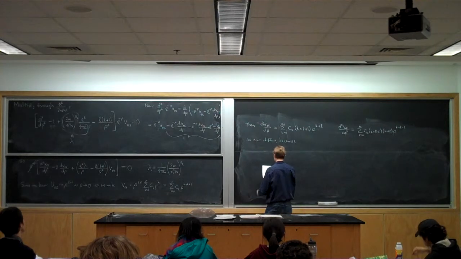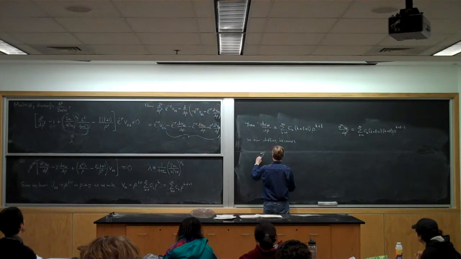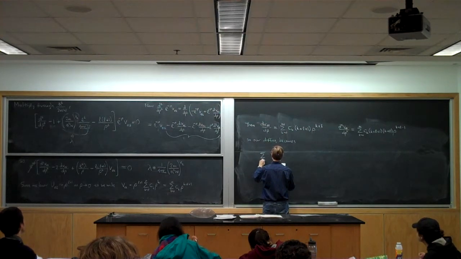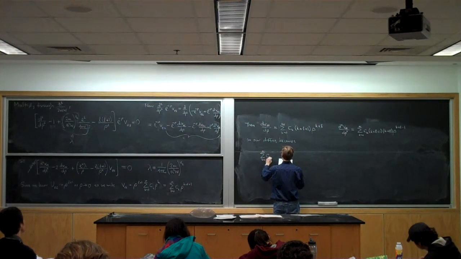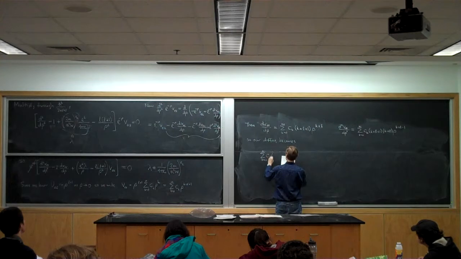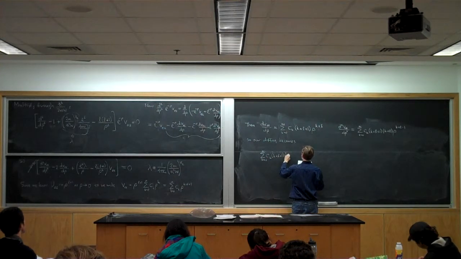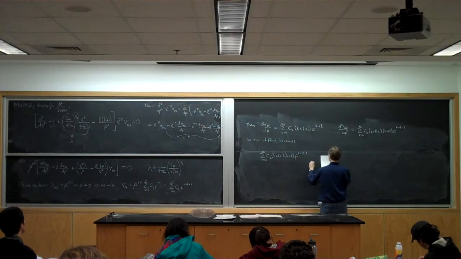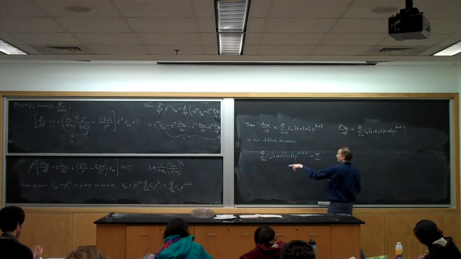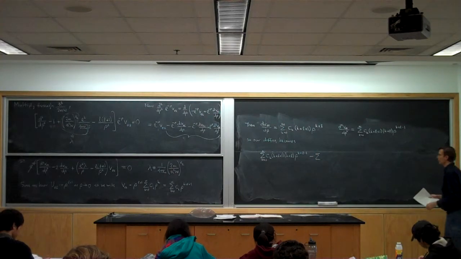So this says that the sum from k equals 0 to infinity of c sub k, k plus L plus 1, k plus L, rho to the k plus L minus 1. So that's the first term, that's d squared V d rho squared.